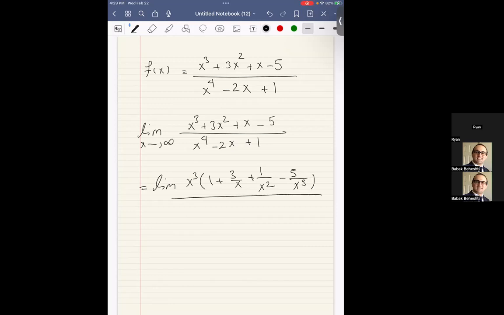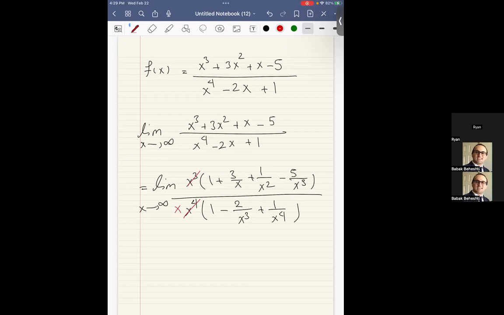At the denominator, if you factor out x to the power 4, you get 1 minus 2 over x cubed plus 1 over x to the 4, and x goes to infinity. Now you can simplify x cubed with x to the 4, so you get x at the bottom.